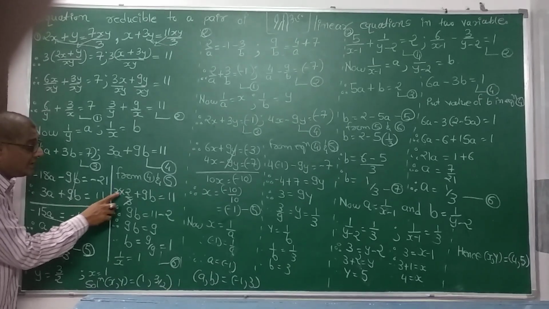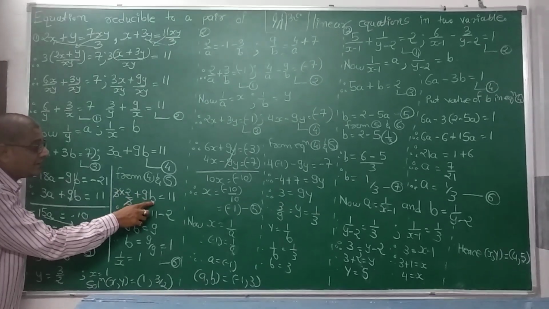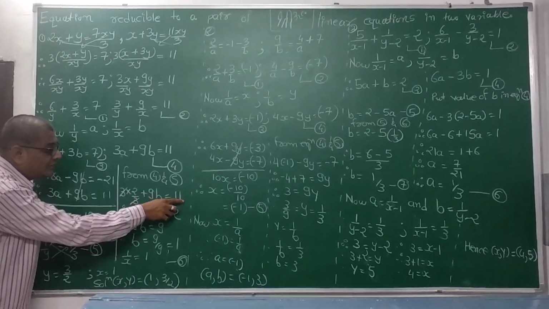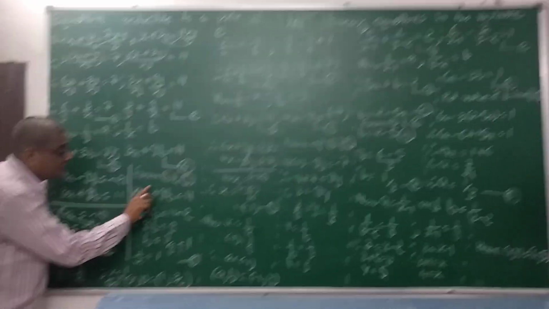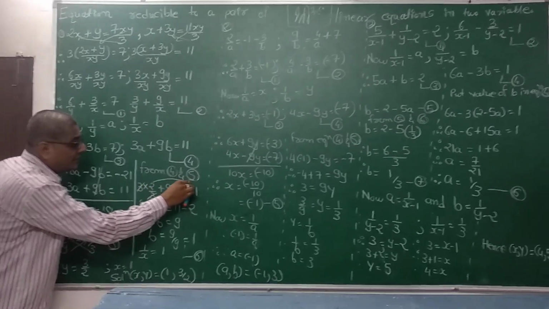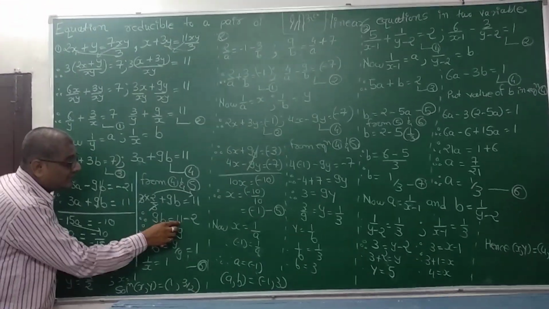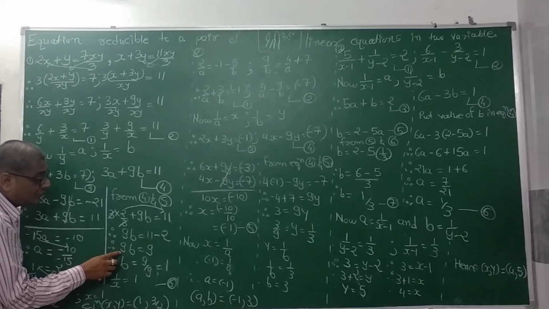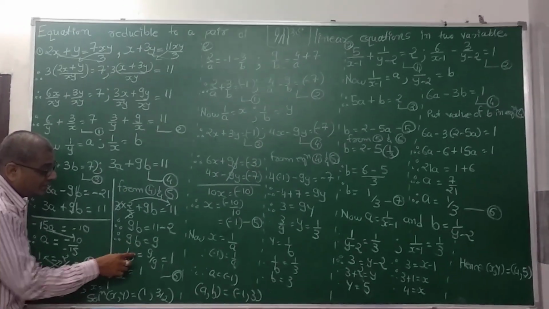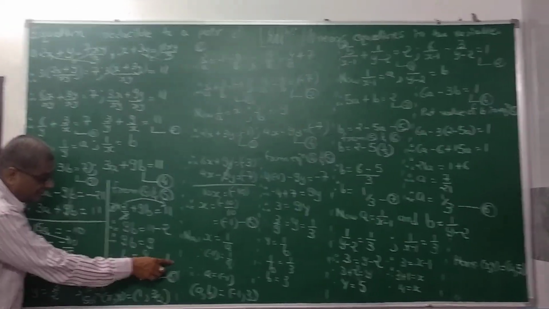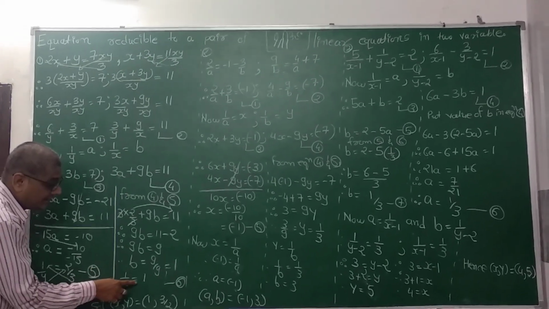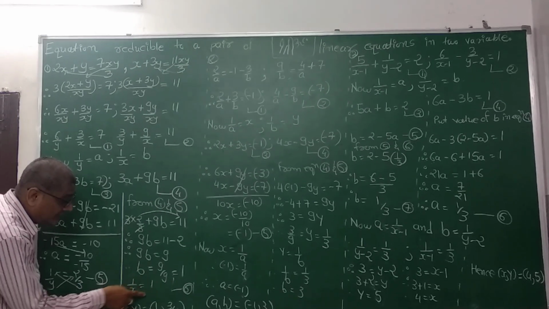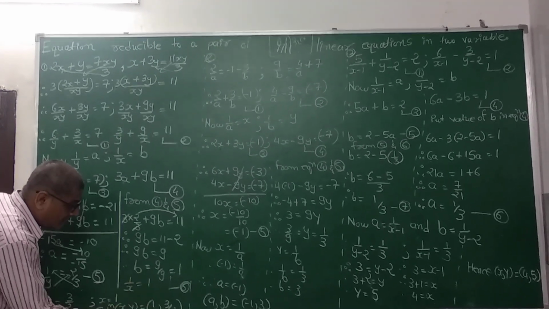That is 3 multiplied by 2 upon 3 plus 9b is equal to 11. This 3 and 3 cancel out. So this 2 goes from the left to the right side, so 9b is equal to 11 minus 2. So 9b is equal to 9, so b is equal to 9 upon 9, that is 1. Now instead of b, 1 upon x is equal to 1, so hence the value of x becomes 1.